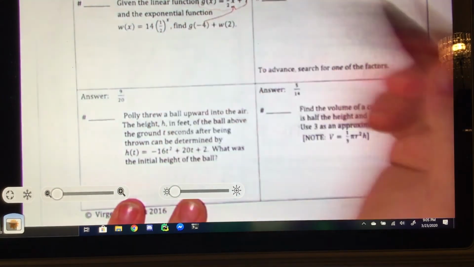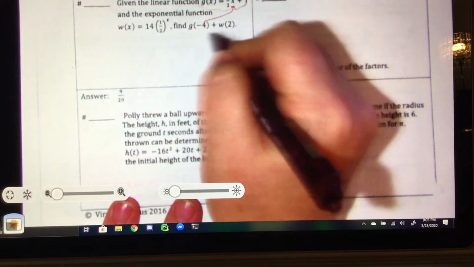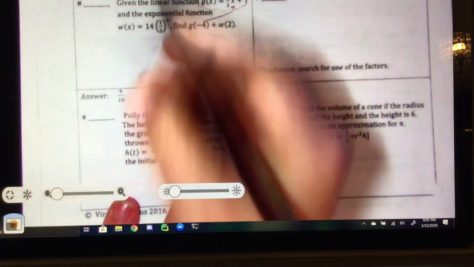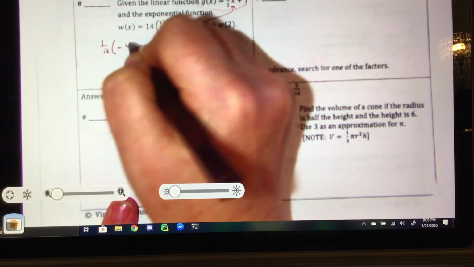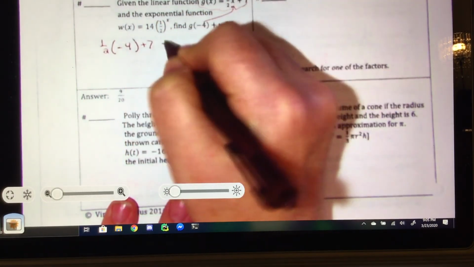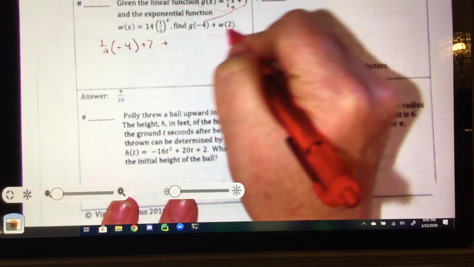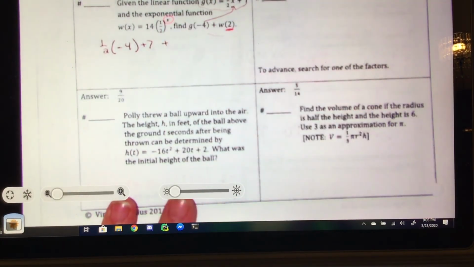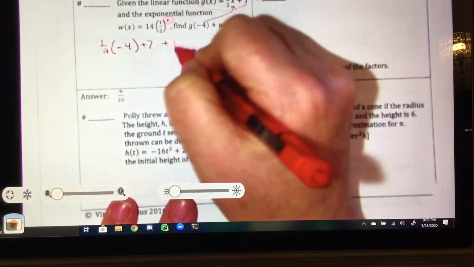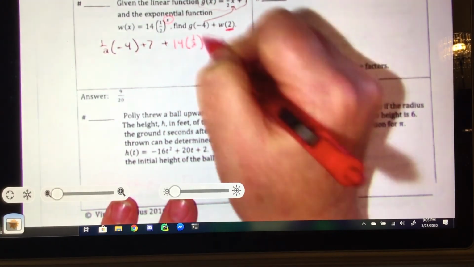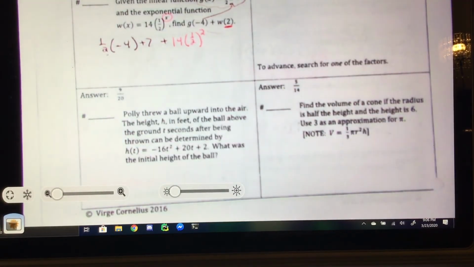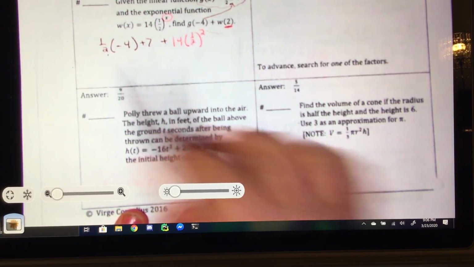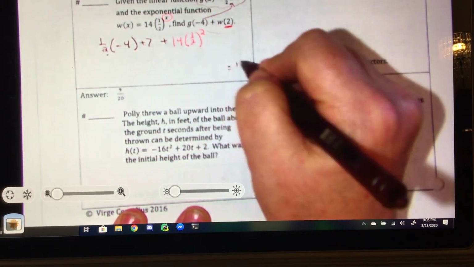So that would give us, because we want g of negative 4 plus w of 2, 1/2 times negative 4 plus 7 plus, and then we want to plug in 2 into this x right here. That would give us 1/4 times 2 squared. So then all there is is simplifying this problem. And to save time, I'm not going to show the work, but you should get 17 over 2.